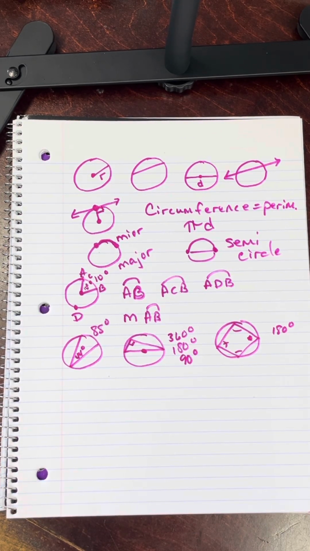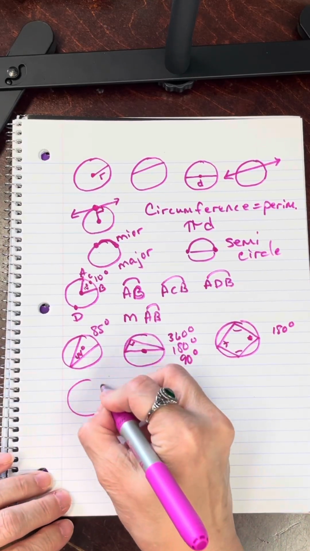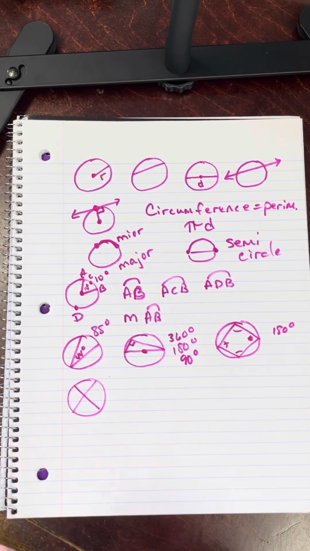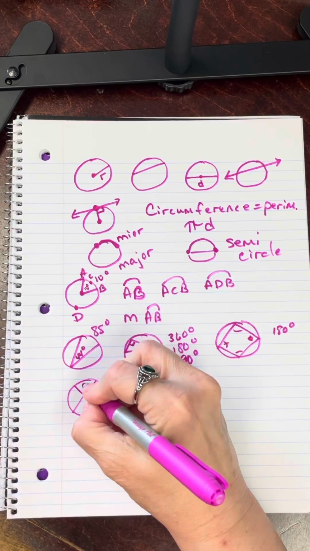Top of page 85, what happens when we have chords that are crossing inside the circle?